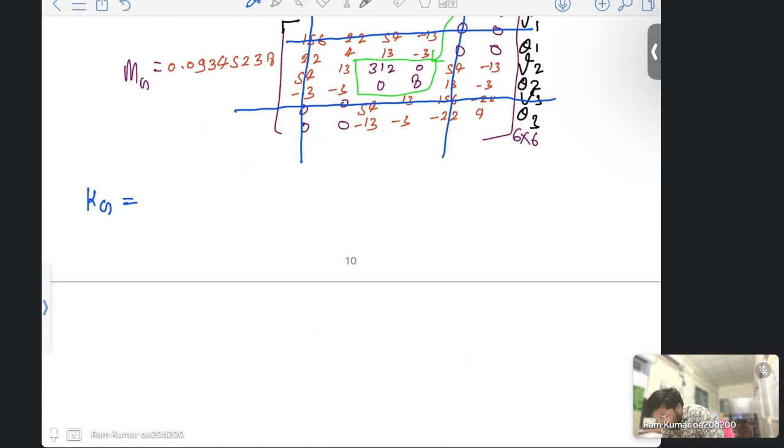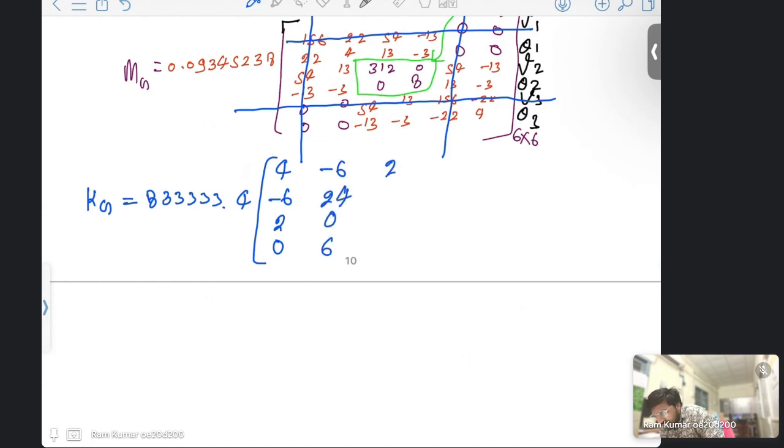What will be kg? 8 3 3 3 3 5 by 3 into 0.4. It will be 4 minus 6 2 0 and minus 6 24 0 6 2 0 8 2 0 6 2 4.